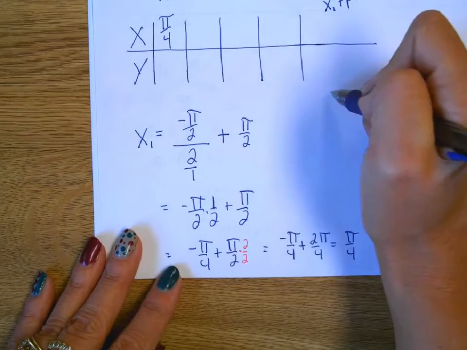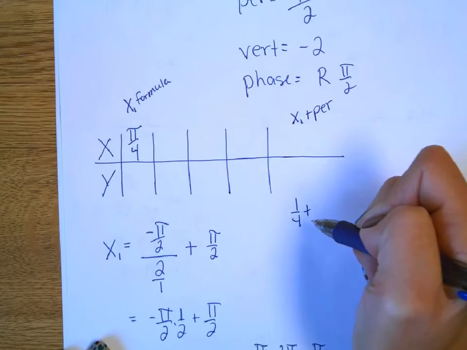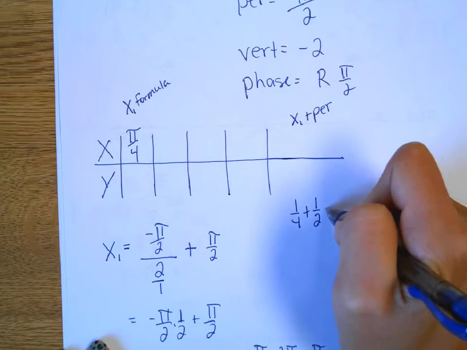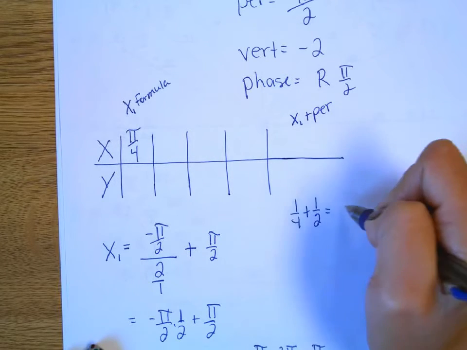So x1 is pi over 4, so that's a 1/4, plus the period 1/2. What's 1/2 plus a quarter? 3/4.